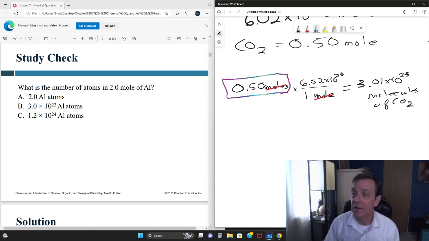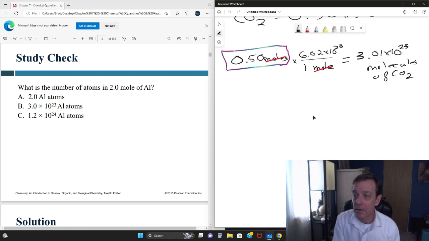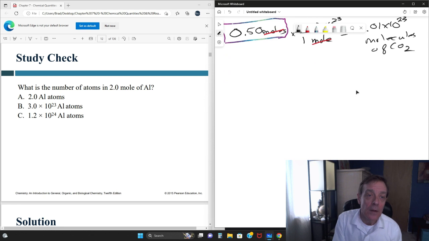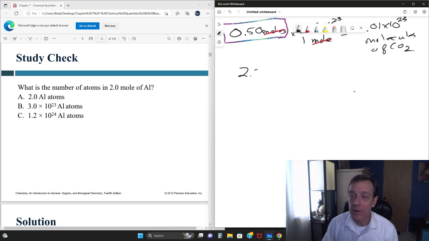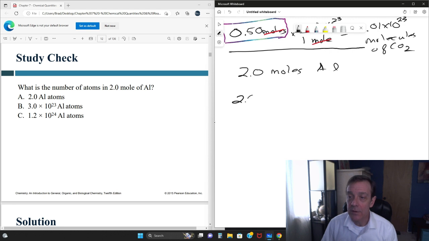Okay, let's do another example. Another example is always good, right? What is the number of atoms in 2 moles of aluminum? Very similar. We have 2 moles of aluminum.